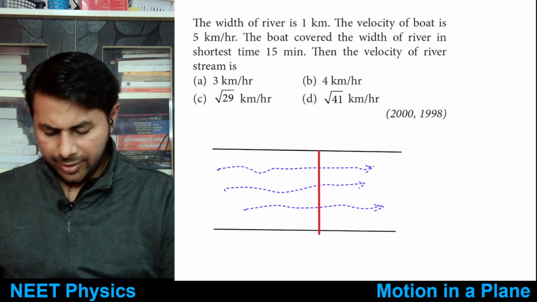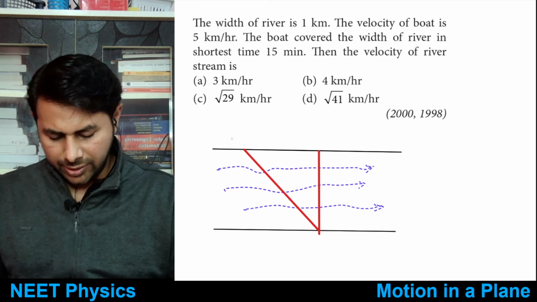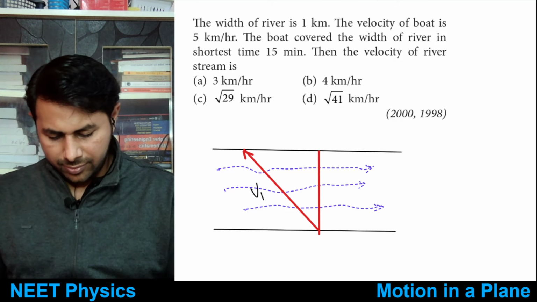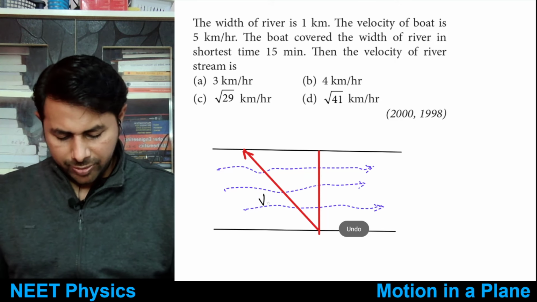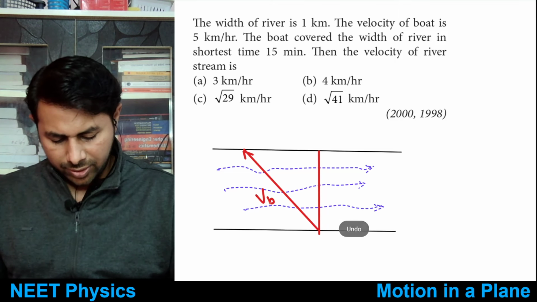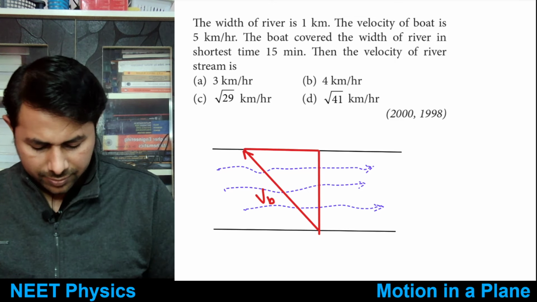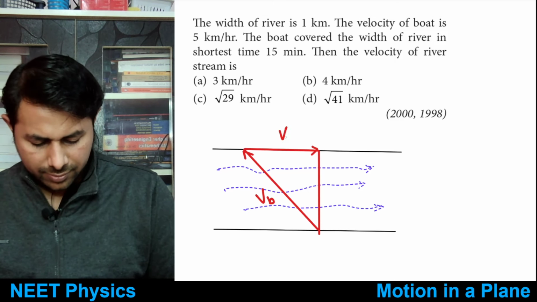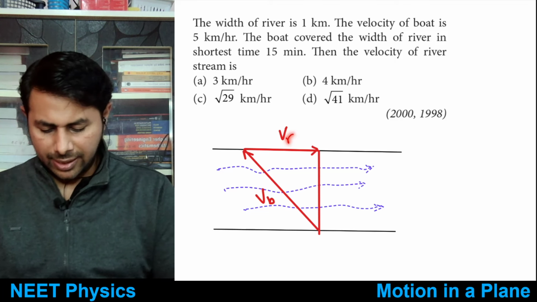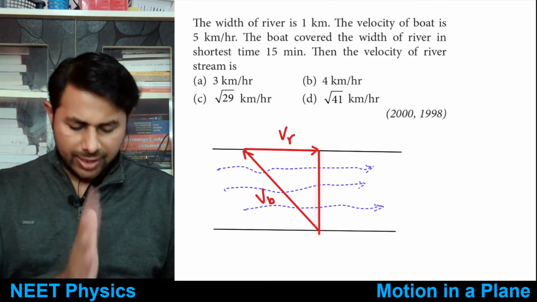So once again the velocity of the boat will be directed like this. Okay, this is velocity of boat, the boat must be moving in this direction. Velocity of the river will be directed like this, and this is the shortest path.